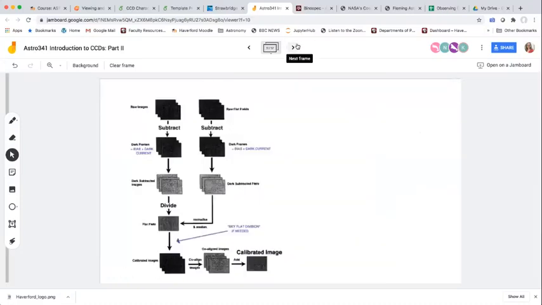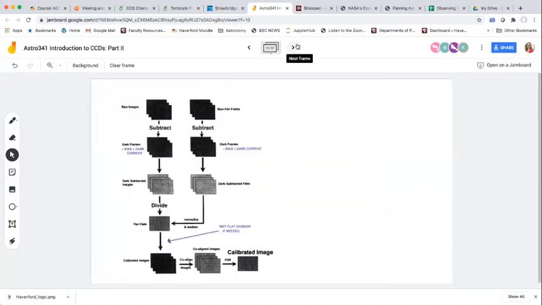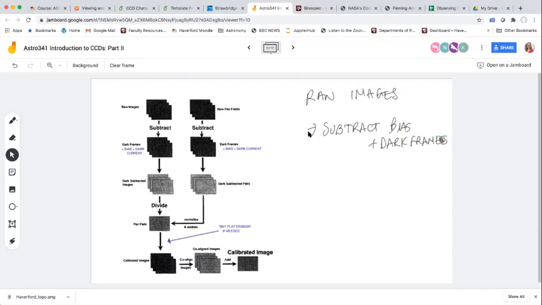And then just the last one, I thought this was a nice little flow chart showing the whole process, just in case it's useful. You start from your raw images. You have the row that is the flat fields and your raw science images. You have to subtract the bias and dark frames, scaled appropriately in the case of the dark frame.